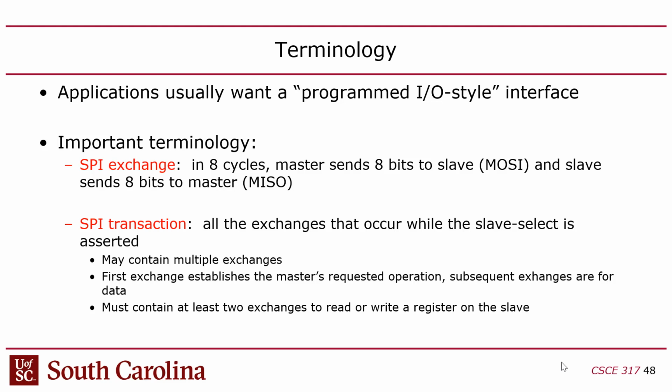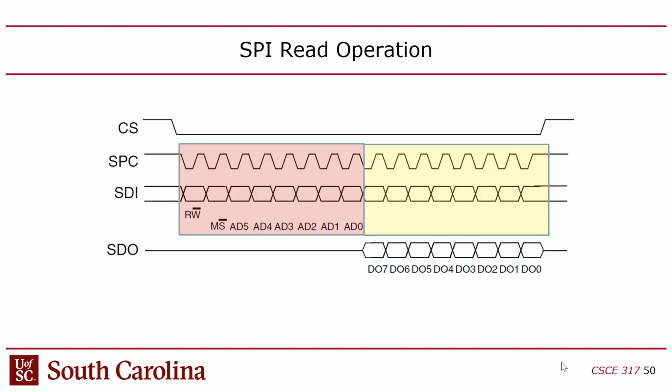And then a transaction is when you build a read or write protocol on top of that, which is a little awkward, a little strange, a little inefficient, because whenever you do a transaction, one of the pins, MOSI or MISO, is unused. So you're basically creating a half duplex transaction protocol on top of a full duplex technology, meaning you never use the full capabilities of SPI. Kind of hacky, but that's how it's done.